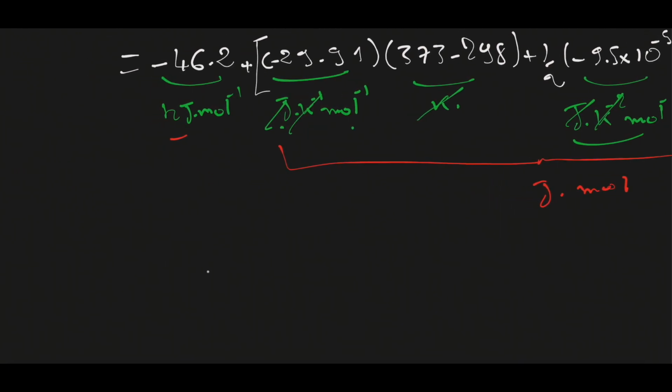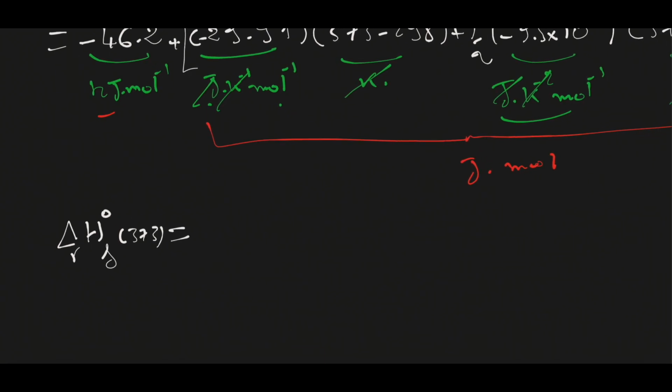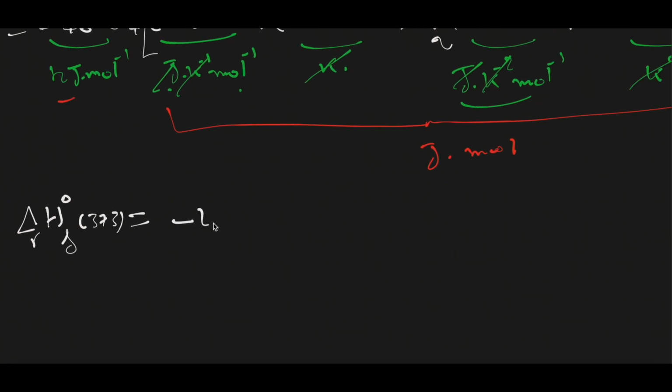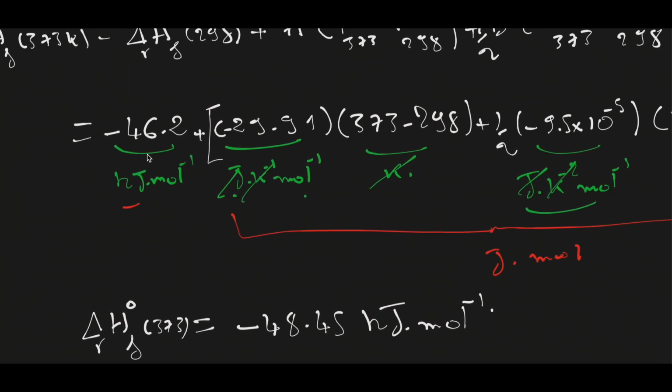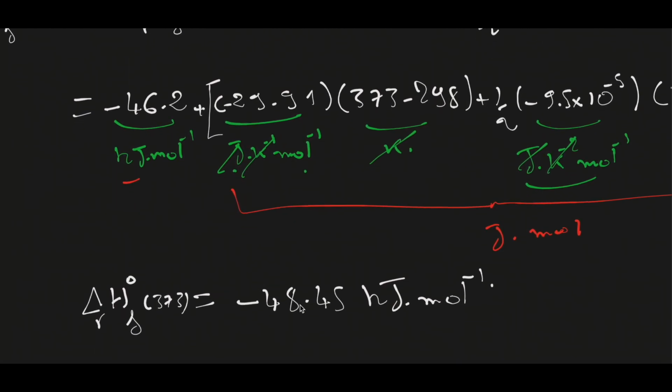And the value of the standard enthalpy of formation at 373 is equal to negative 48.45 kilojoules per mole. So we can notice that the variation is not that large. We have a change of about 2 kilojoules.